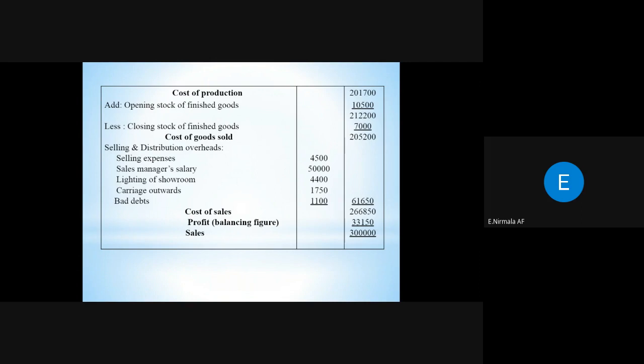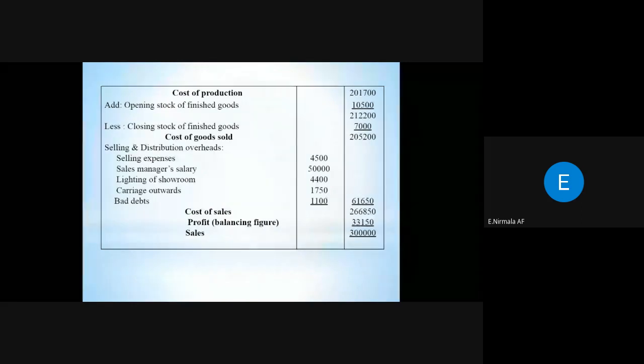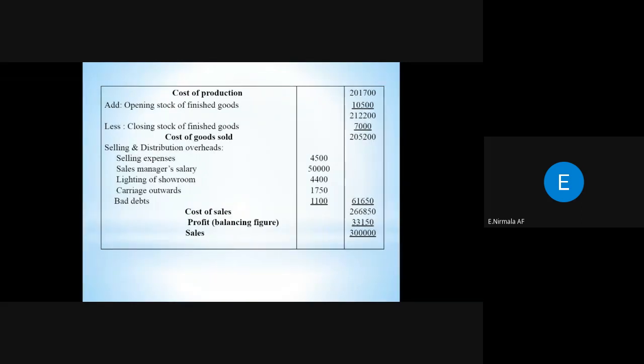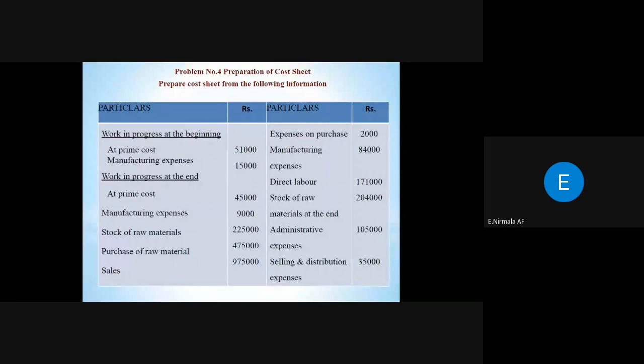Now, sales 3 lakh. So you have to deduct 2,66,850 from this 3 lakh. Then we will get a positive result, that is profit. Sales is 3 lakh. Then we have to deduct the cost of sales, 2,66,850. Then our profit is 33,150.